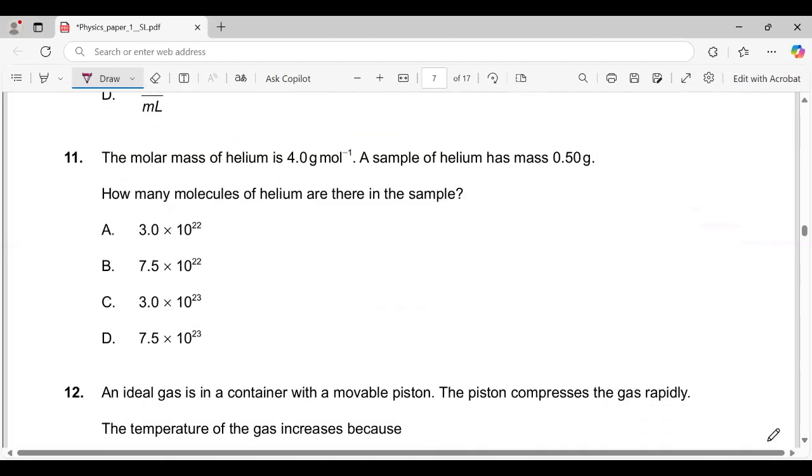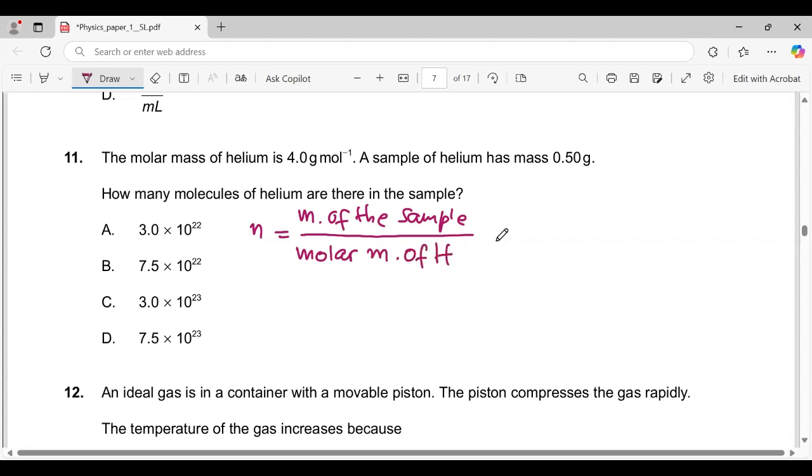11. The molar mass of helium is 4.0 g per mole, g mol power minus 1. A sample of helium has mass 0.50 grams. How many molecules of helium are there in the sample? Number of moles of helium, we can write as N equal mass of the sample, M, over molar mass of helium.